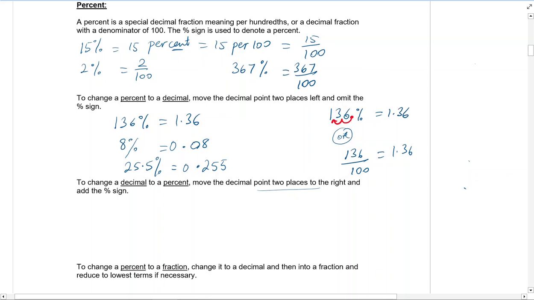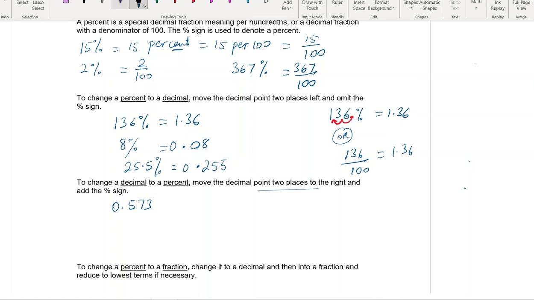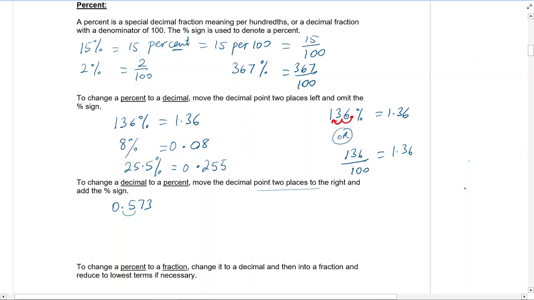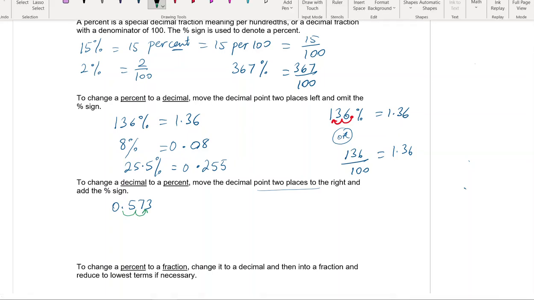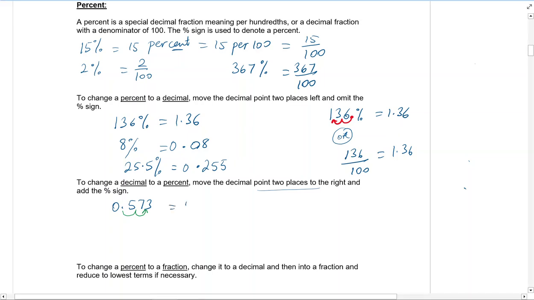For example, if we have 0.573, this is the decimal form of a number. If you want to write this as a percent, you have to multiply by 100 and add the percentage sign. So you're going to move the decimal 2 places to the right. In this case, the answer would be 57.3%. So we are multiplying by 100 and adding the percentage sign.